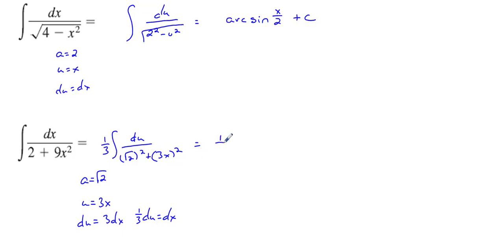So 1/3 times 1 over a, right? 1 over radical 2 arctan of u over a, 3x over radical 2, plus c. Now this is kind of annoying because we should rationalize this.